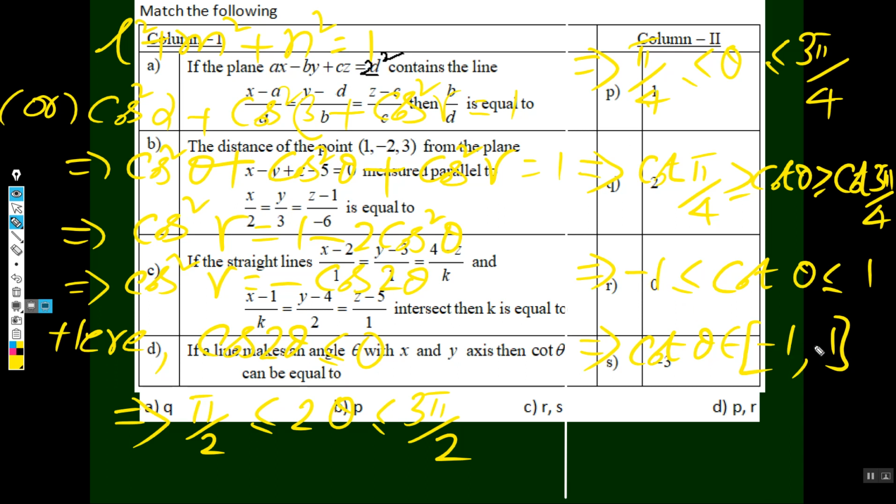And between minus 1 and 1, 0 is also there. So you can say this cot theta can be 1 or 0.